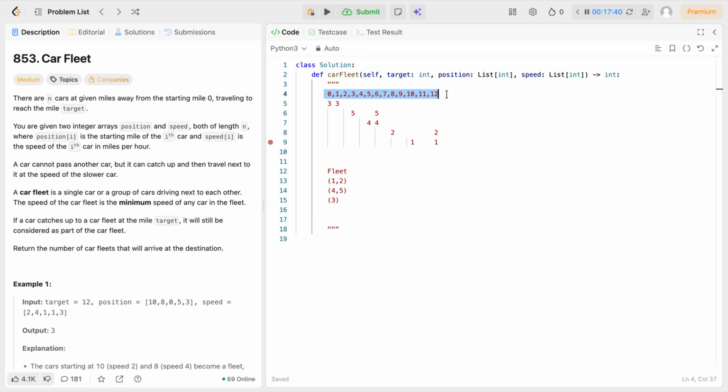So we'll need a timestamp like this. I'm thinking maybe a dictionary. At each timestamp, put your original car, and then do an update. When you update them, see at each stage which cars line up, then add them to the fleet, and then choose the minimum speed out of all these cars. The minimum speed will be 3.